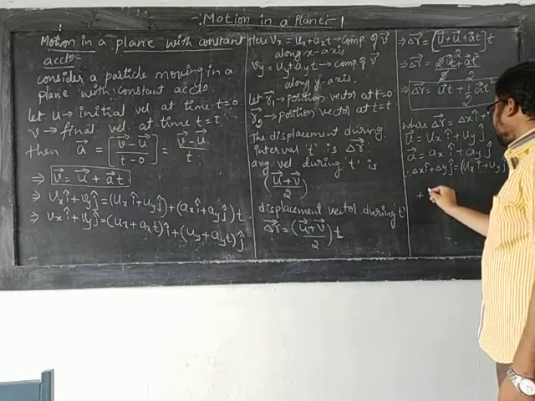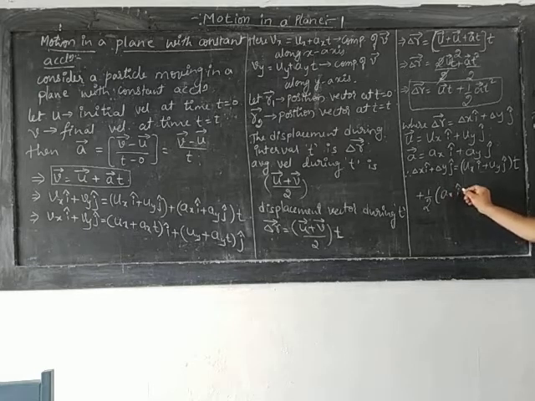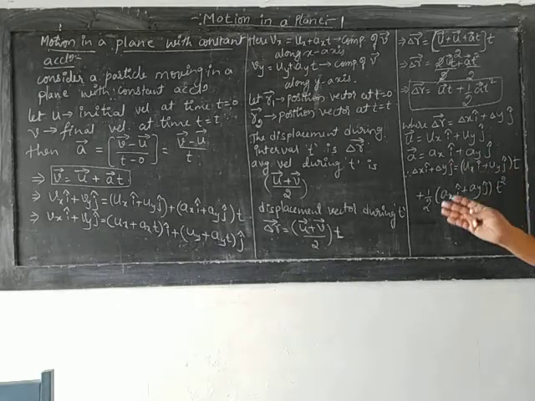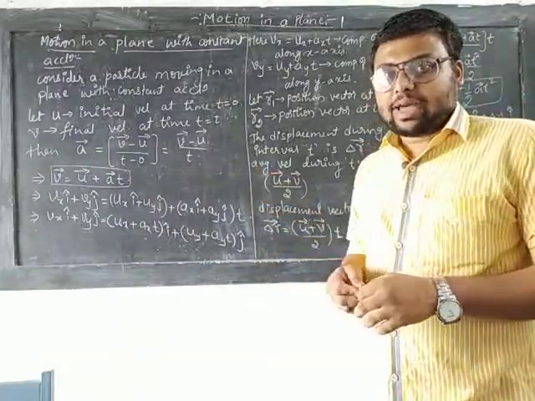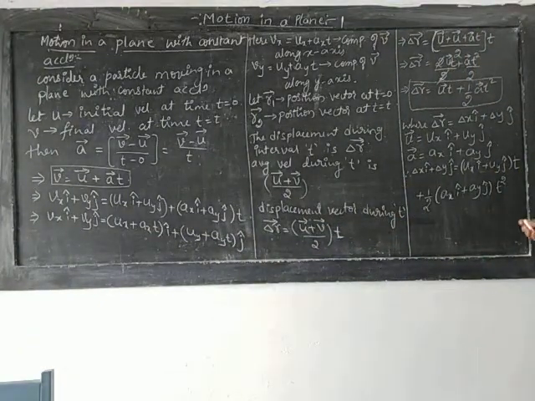Plus half, instead of a, I need to write ax i cap plus ay j cap, and into t square. So now I need to write all the coefficients of unit vector i under one bracket and all the coefficients of unit vector j under one bracket. So now I'll just rearrange the terms here.